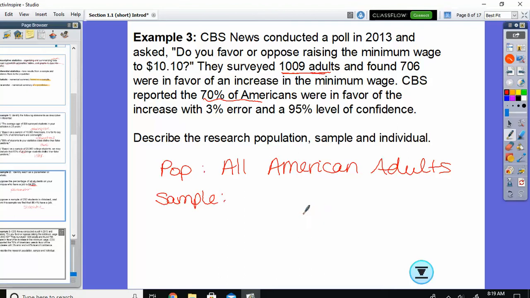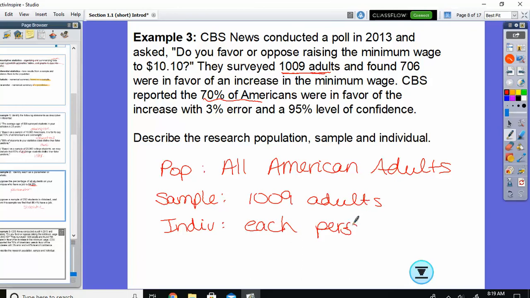They couldn't talk to every single American, so who did they talk to? 1,009. Okay, who would be the individual in this group? Each person. Yeah. So an individual is just a single person.